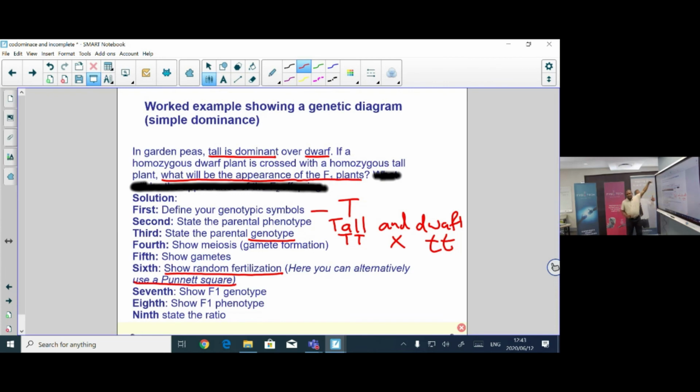So when I go to the Punnett square on the next slides, on the next lesson, we are continuing from here. We are only showing the probable chances of genes meeting. Then we show the F1 generation genotype. We show the F1 phenotype. We show the ratio. It's important to know the ratio because it will quickly help us to solve problems.